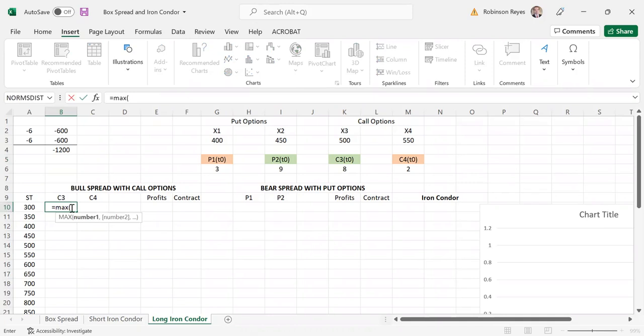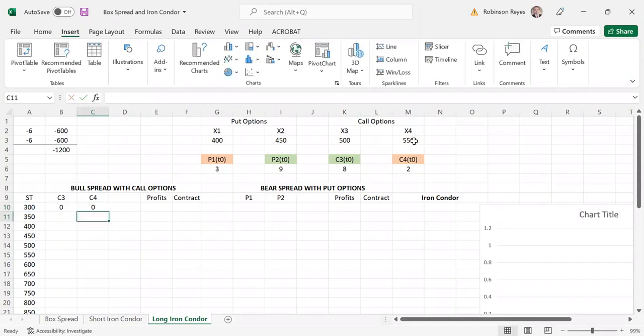We just need the intrinsic value of call option C3. That would be the price of the stock minus the strike, which is X3. We lock this strike because I'm going to scroll the cells down, comma 0. Then the intrinsic value of C4, which is the stock price minus the strike price X4, and then we lock this cell, comma 0.